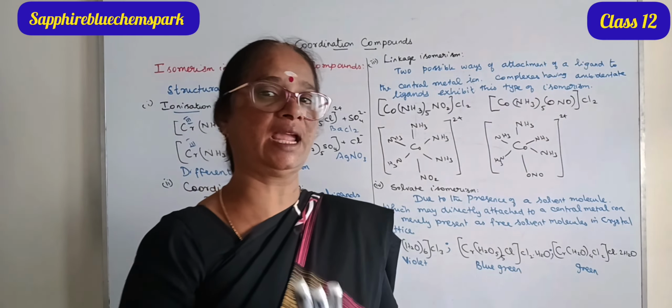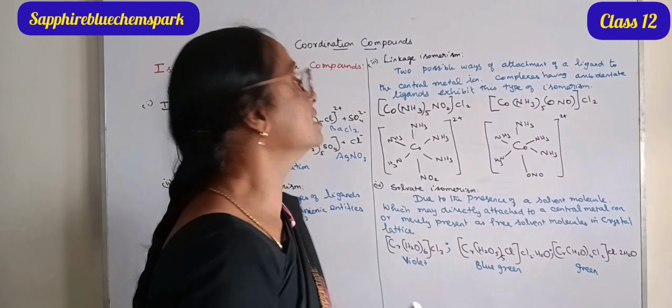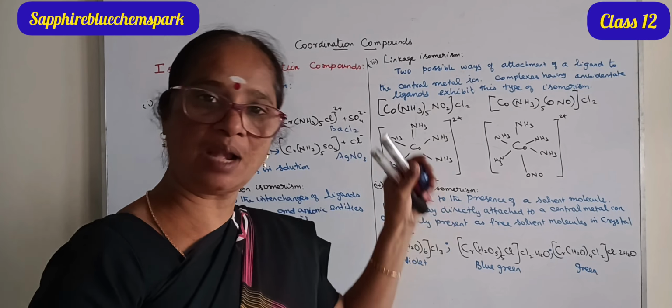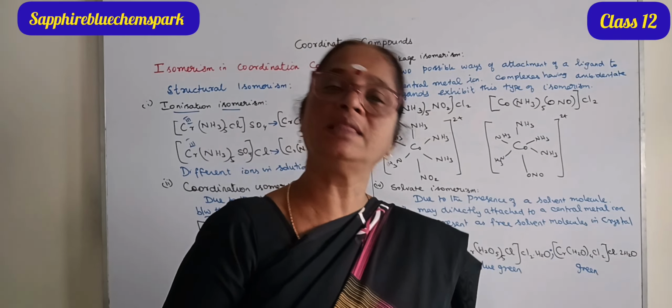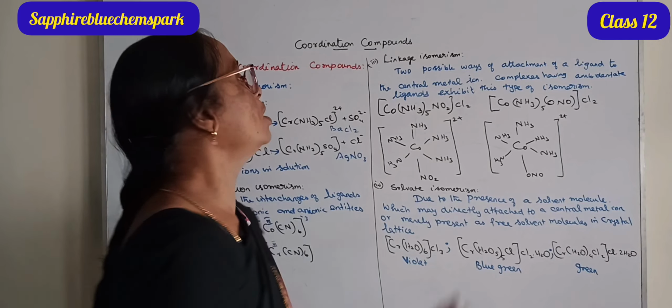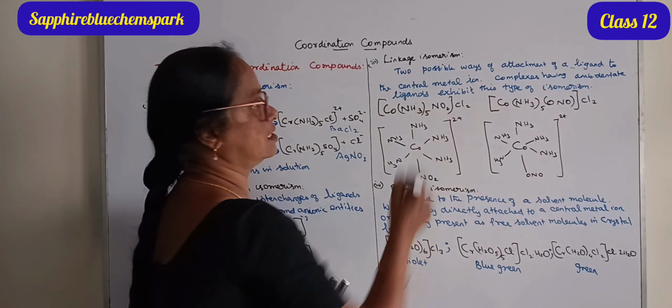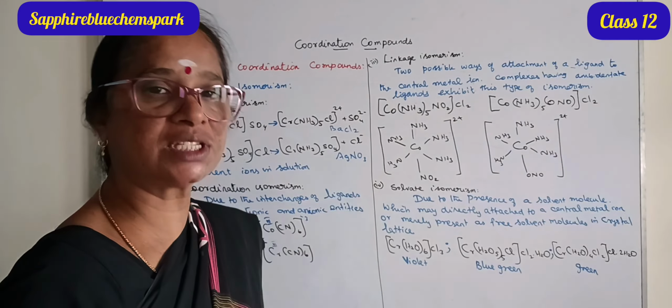So in such cases, we may find two different donor atoms. Such ligands, if present in the complex, may give rise to linkage isomerism. So the two possible ways of attachment of a ligand to the central metal ion are possible only with ambidentate ligands.